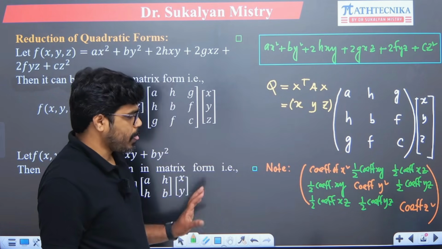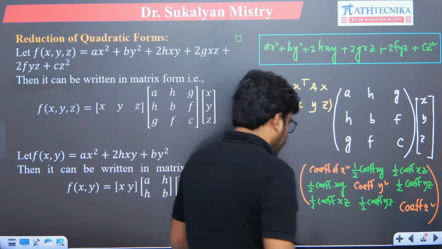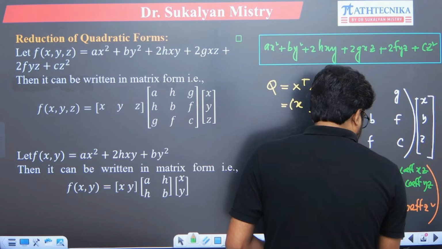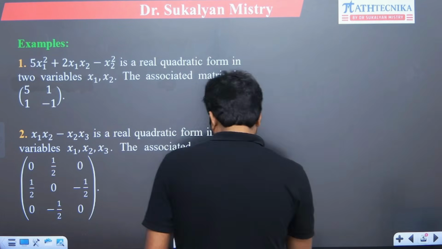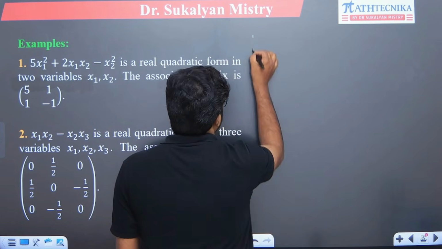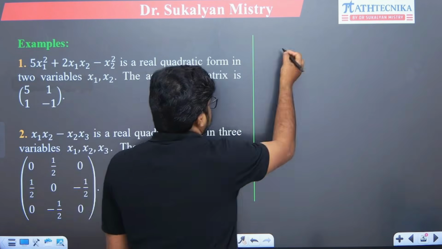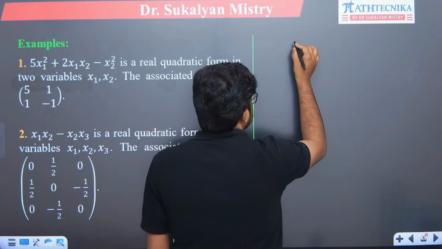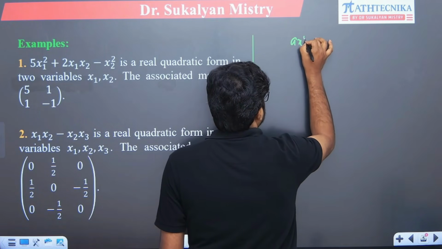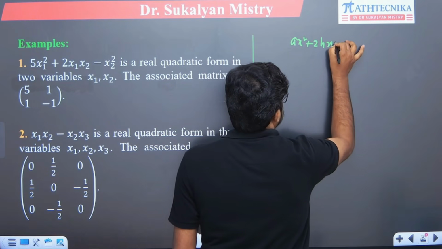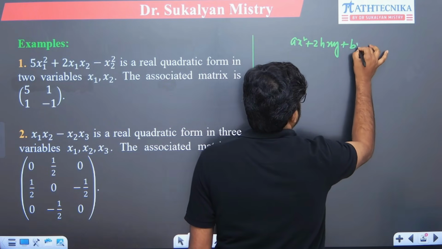Clear? Okay. Suppose if we consider a 2 cross 2 matrix, that means suppose if we consider this quadratic form, ax square plus 2hxy plus by square.